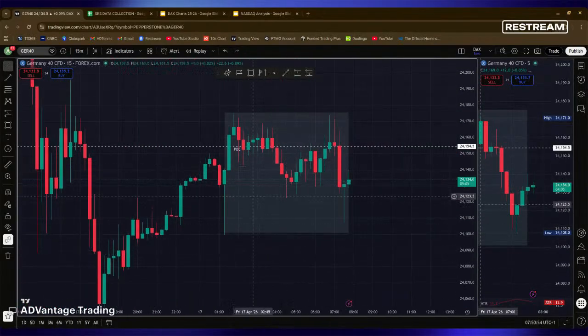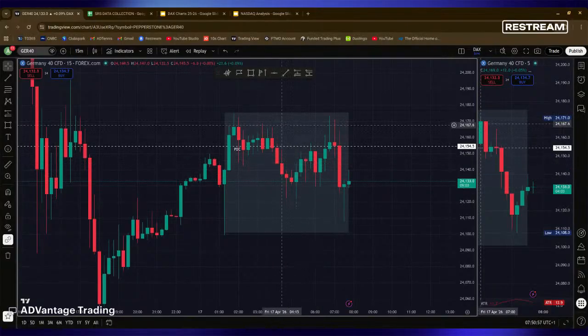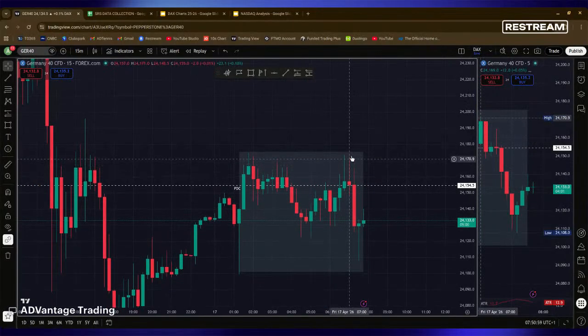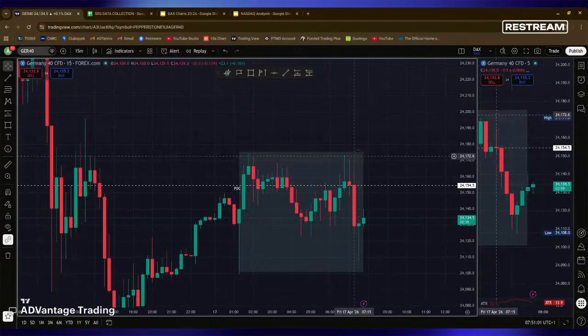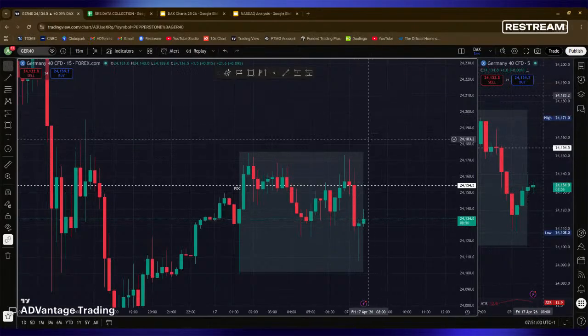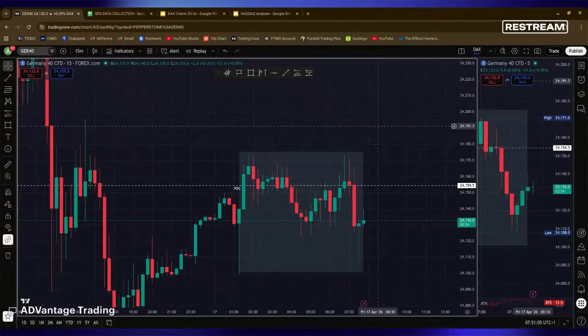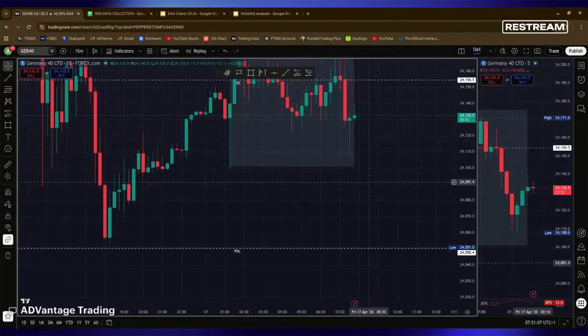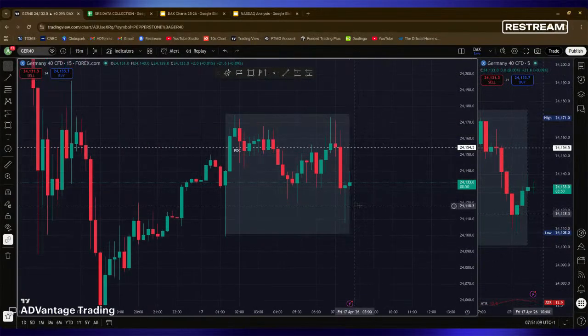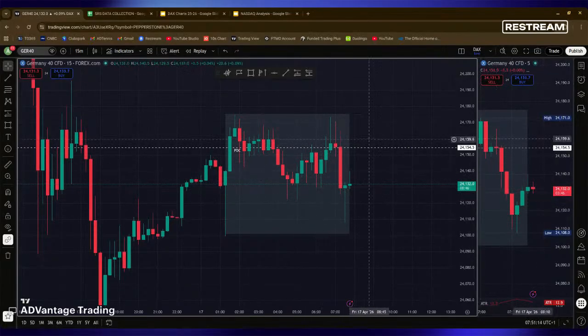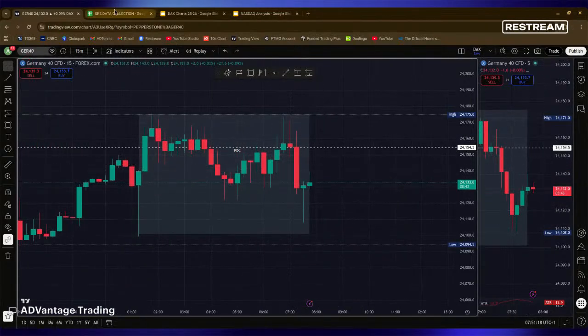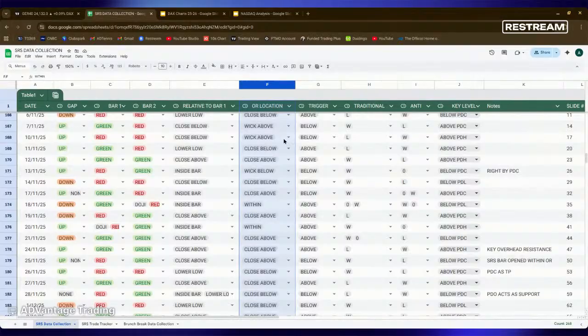And this tends to act as an important price area. If the market breaks higher above the overnight range, that's generally very bullish, which means the market's likely to move higher. If it breaks below, it's likely to move lower. And if it's still stuck within the range, it's generally best to bet on the market staying within the range. So that's a very key thing, another key variable that I factor in.